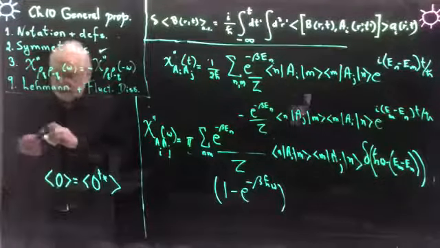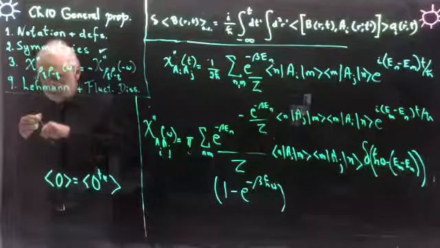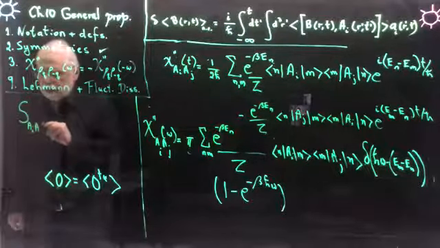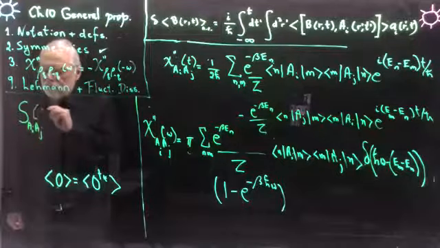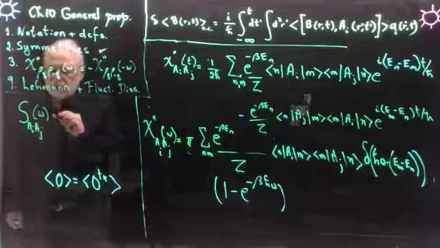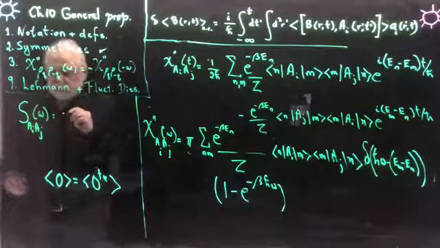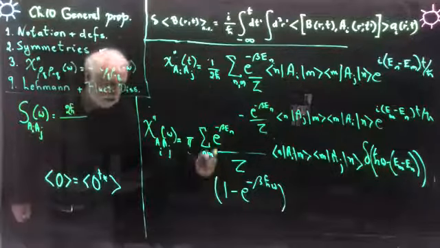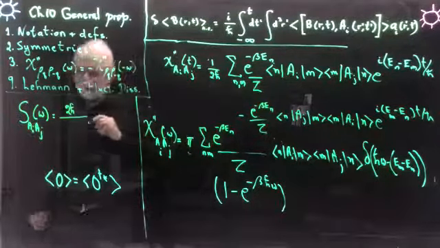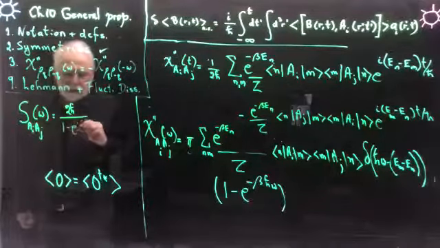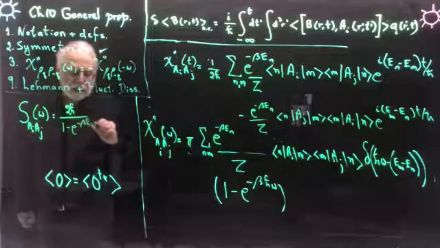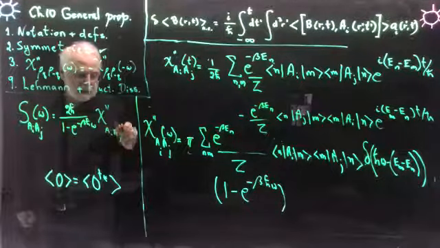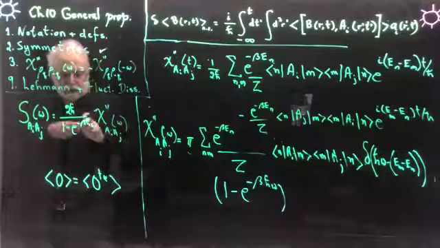Is that the fluctuation that I have previously called S of Ai Aj of omega is equal to 2 over h bar divided by, so you see this is the e to the minus beta h bar omega times chi double prime of Ai Aj of omega.